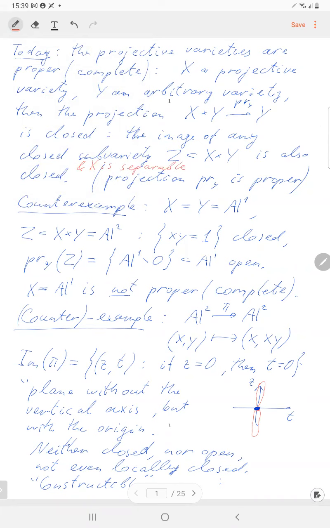Yes. So the variety x is called proper if it is first separable, and second, it enjoys this property: any closed subvariety of the product projects to y with a closed image.